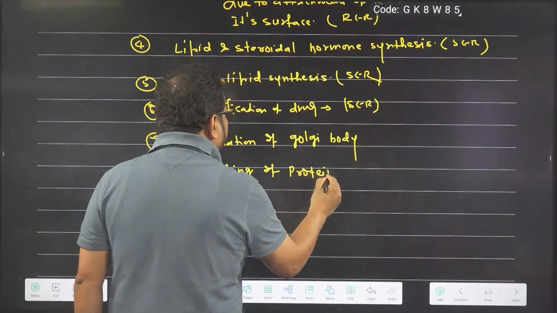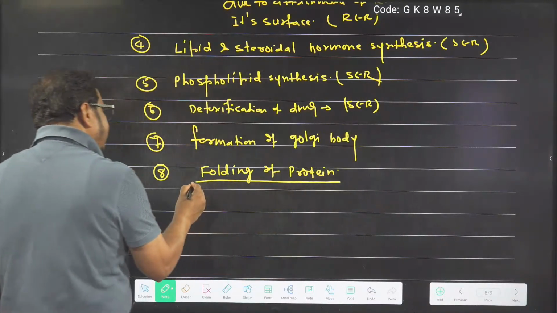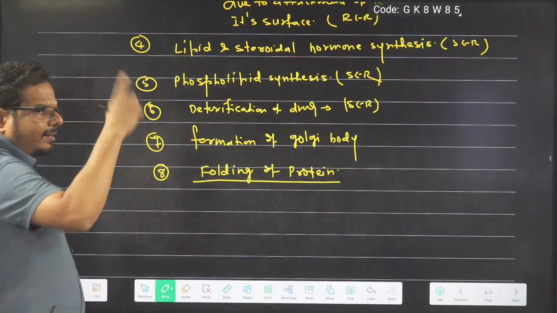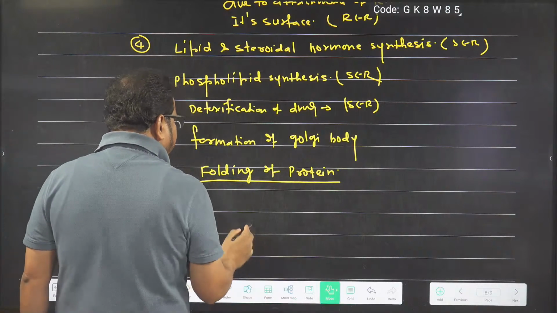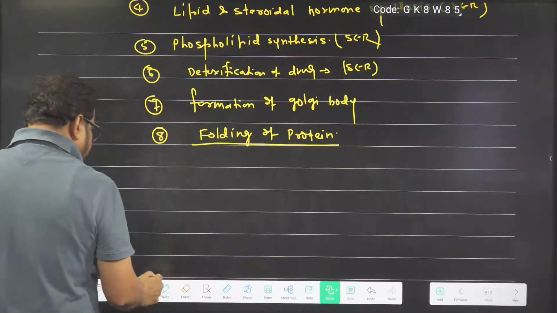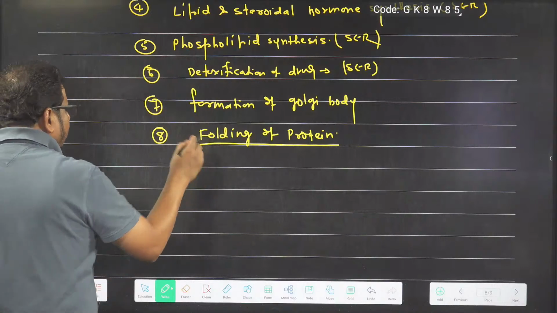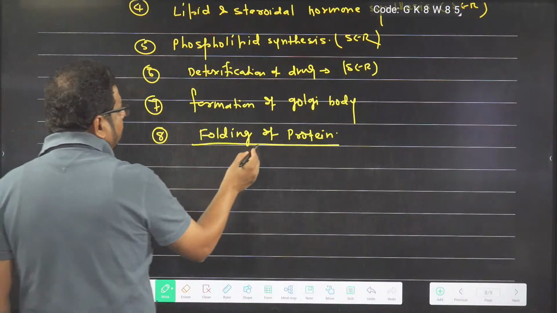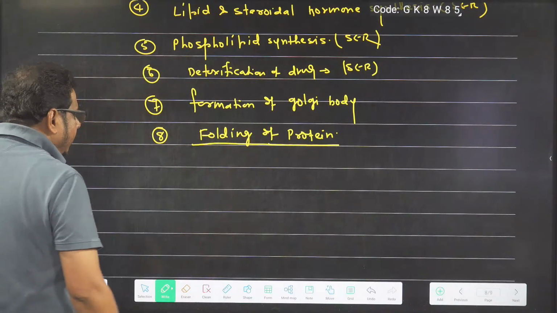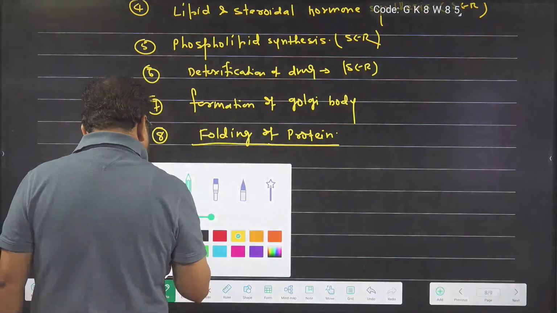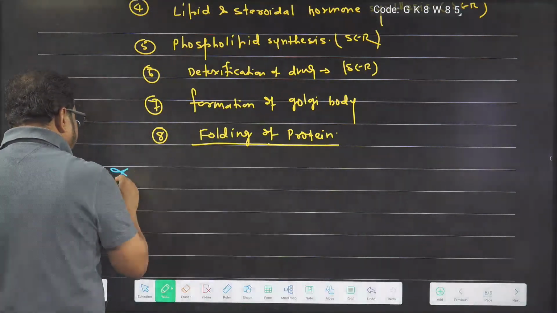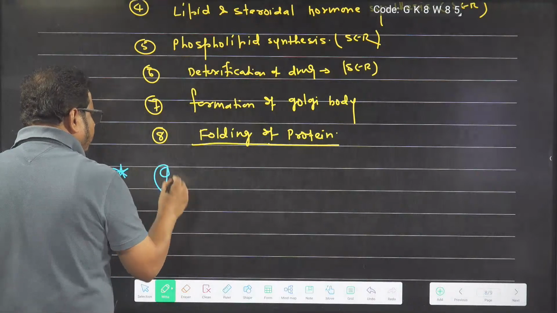What is folding of protein? You will understand when you study protein structure in biomolecules. Meanwhile, you simply write folding of protein also occurs in endoplasmic reticulum. And with a star mark I am writing glycosylation.